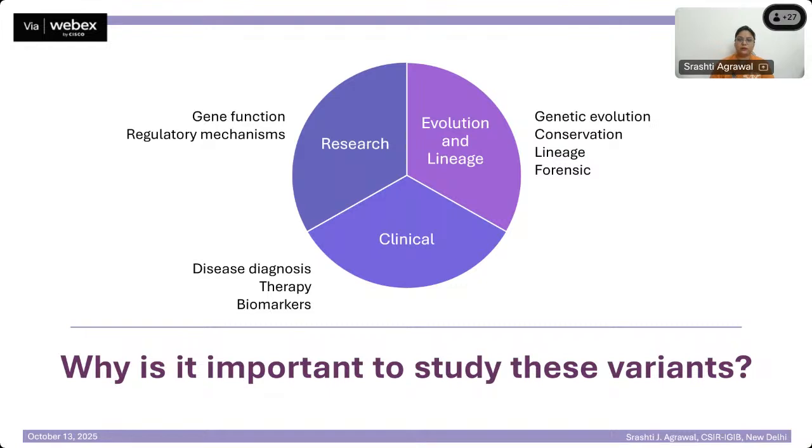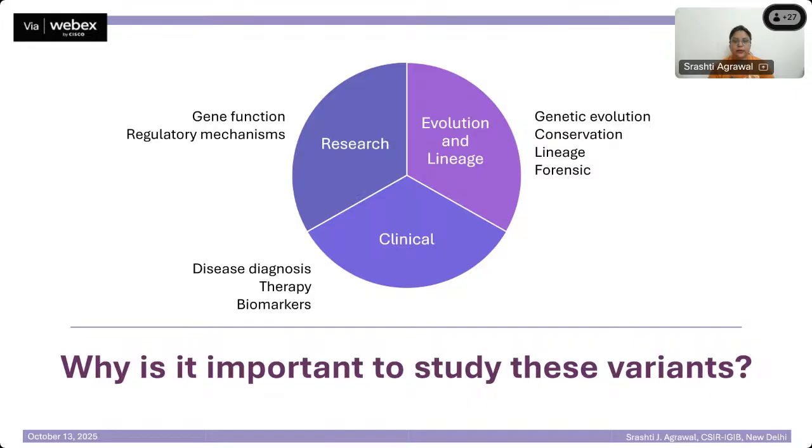So now, on this line only, we will try to understand why it is important to study these variants. From a research perspective, studying these variants can give us insights into functions of genes and regulatory mechanisms that are occurring in a specific cell or a specific organism.